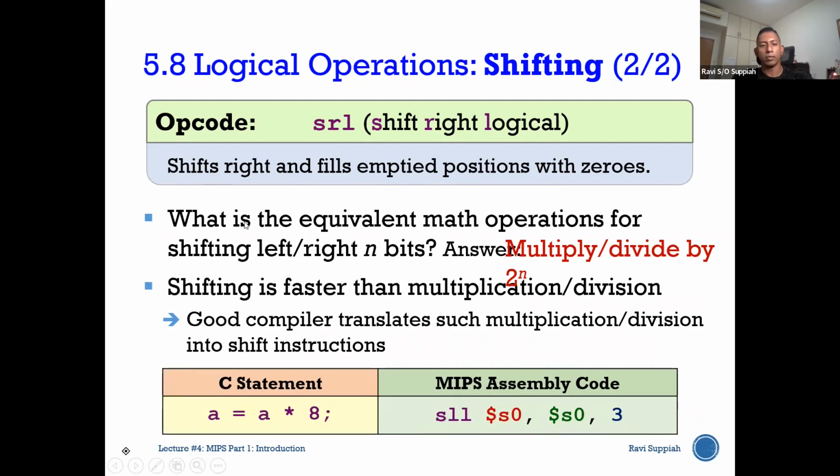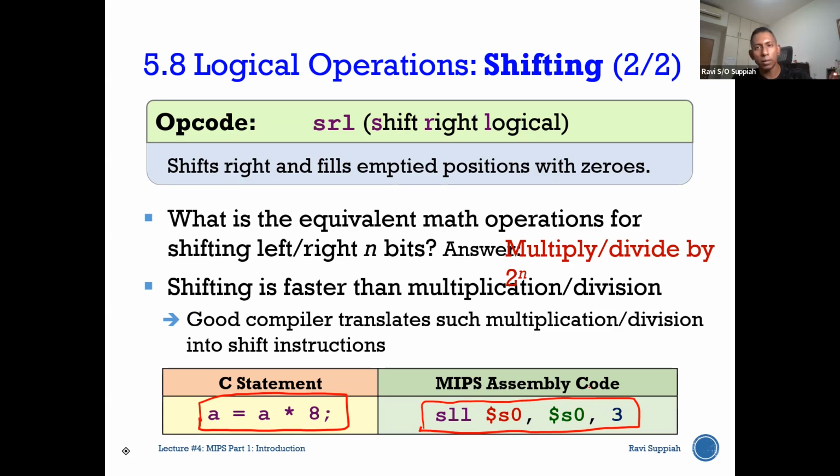So for example, if I have a C statement to do this multiplication, the compiler may interpret it this way. Instead of saying multiply by 8, I say shift left by 3. In most cases, a shift left and shift right is always a preferred option compared to multiplication. Why?